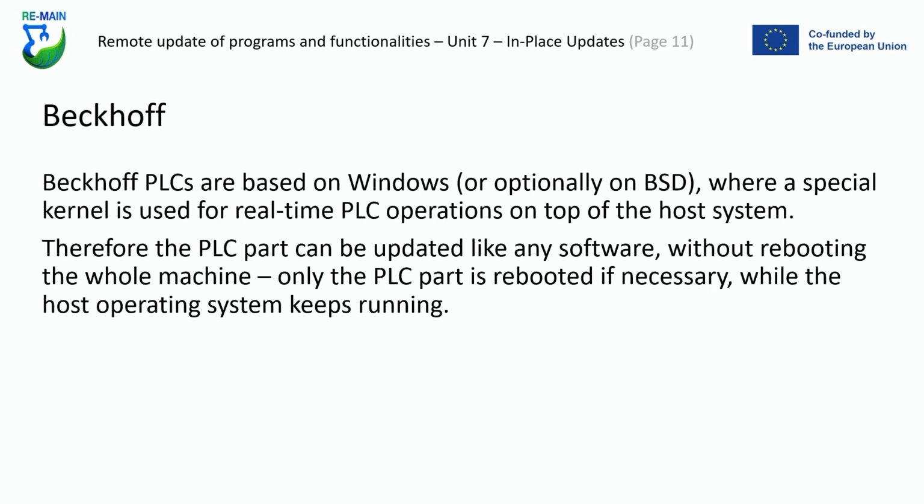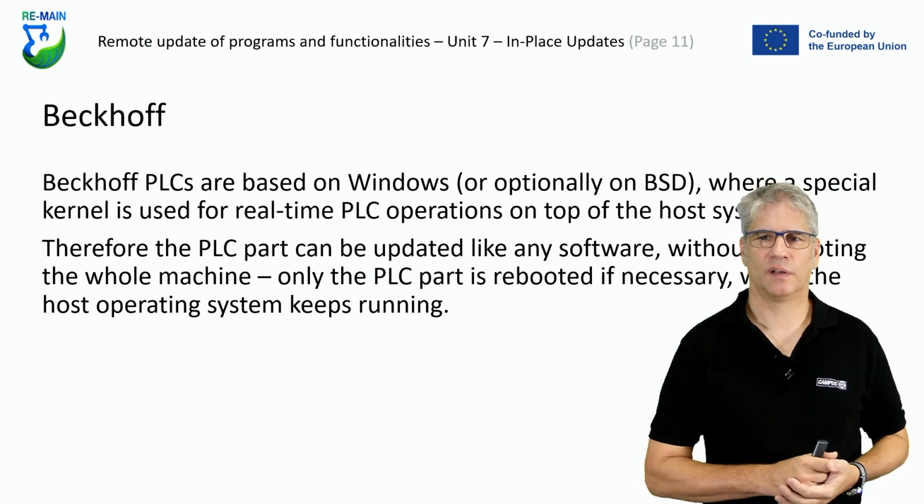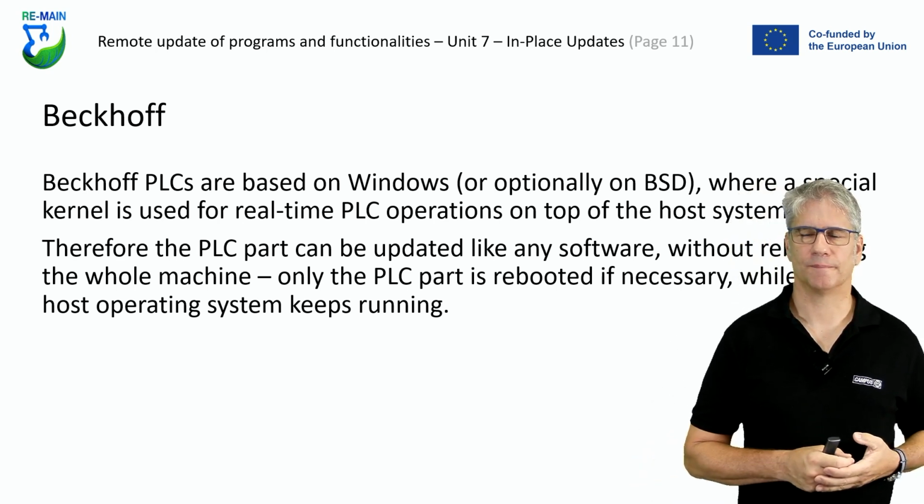The advantage is that you can use a Windows machine, even your PC, to run a Beckhoff PLC, and therefore the Beckhoff PLC controllers, the CPUs, are normally Intel machines that can be used for any type of computing task that you would do on other PCs as well. So basically they're a PC that can be mounted on rails, including a real-time kernel for the PLC part.